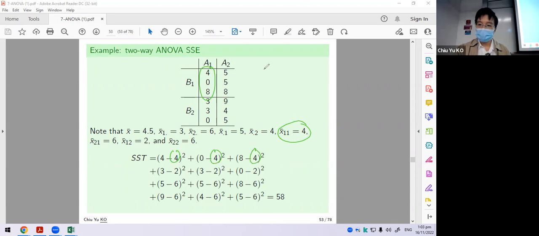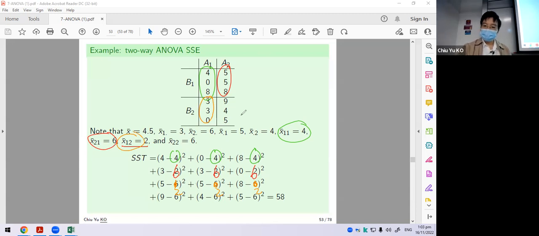And this group has a group mean of 2, 1 is 6, so this will be 6. Because 2 is here, though this is 1, 2 is here, so that's why minus 2.